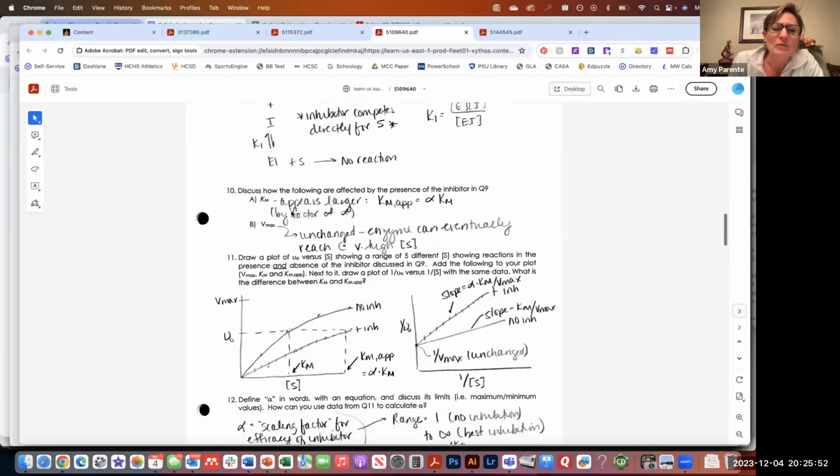I want you to be able to think about, for both competitive and uncompetitive inhibition, how Km and Vmax are affected, right? In all cases, an inhibitor is going to make Vmax smaller, but Km appears to be larger with a competitive inhibitor, while Vmax is unchanged. We just need to eventually outcompete the inhibitor.